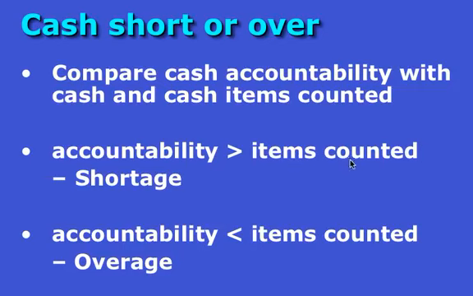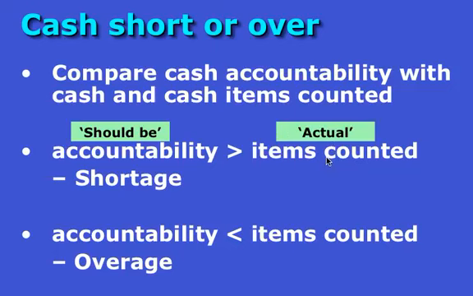Of course, ang issue dyan, anong kasama sa accountability at yung items counted. Now, in this problem, dahil ito ay audit of cash on hand, yung accountability, pwede mo lagyan ng note. Ito yung should be: the cash that should be on hand. So, based on the available info, yan yung dapat. Tapos itong items counted, ito yung actual. So, nung in-inspect na, ito yung nakita lang.